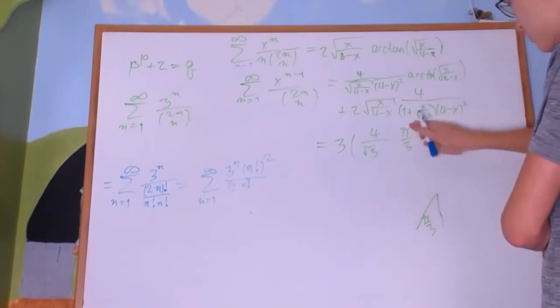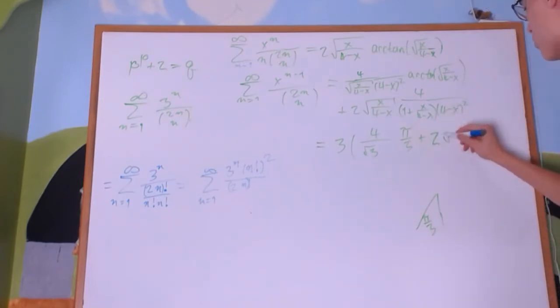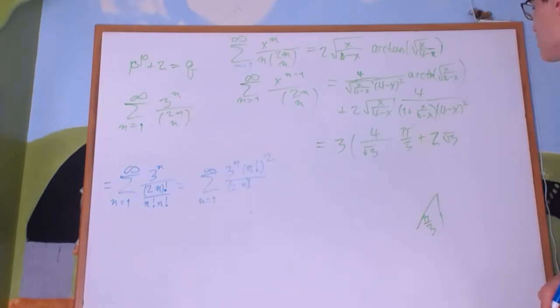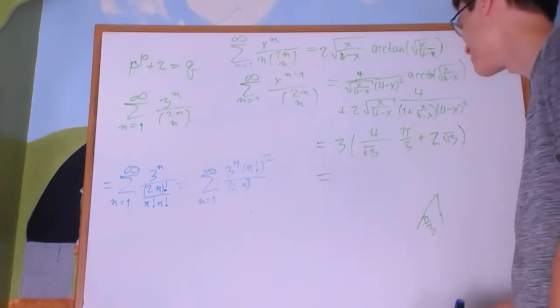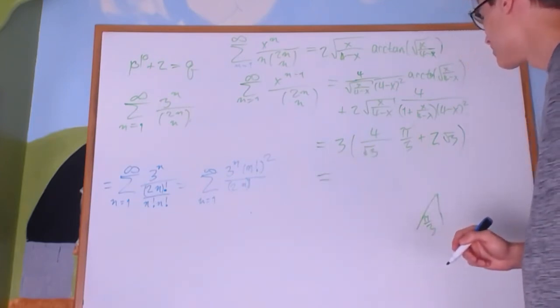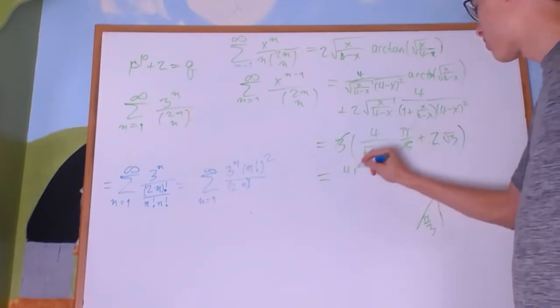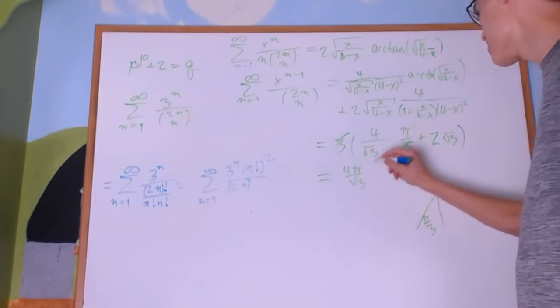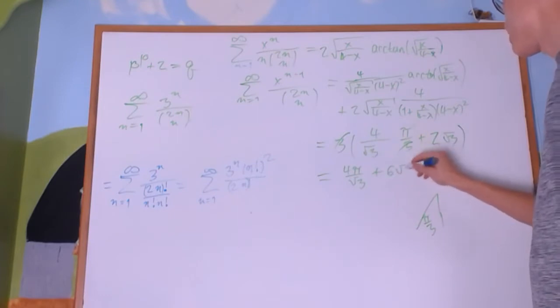Then plus 2 times rad 3. It's 1 plus 3. It's 4. 4 cancels out. That's a 1. That's a 1. That's the answer. So the rad 3 there cancels out with that. 4 pi over rad 3 plus 6 rad 3.